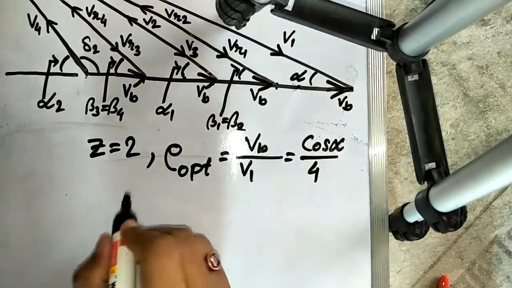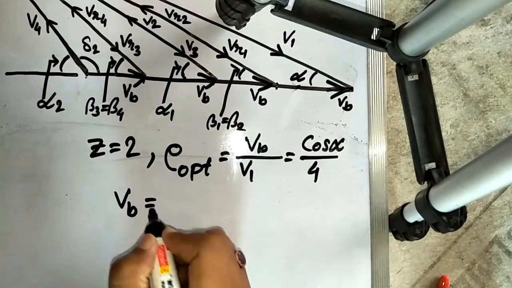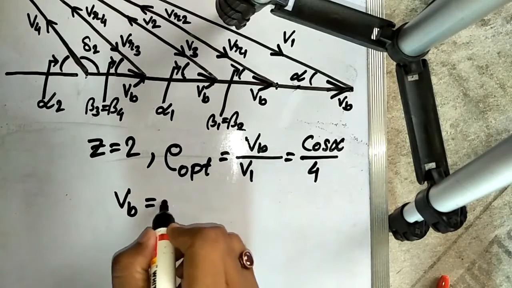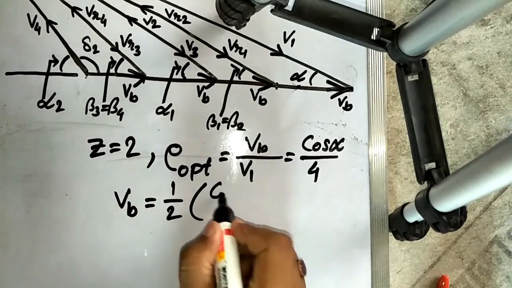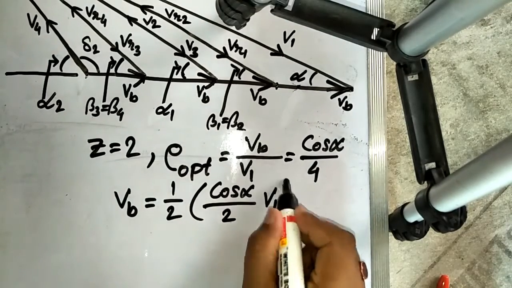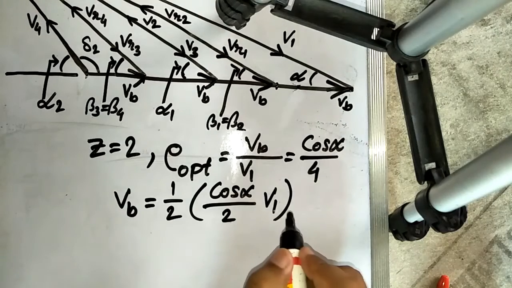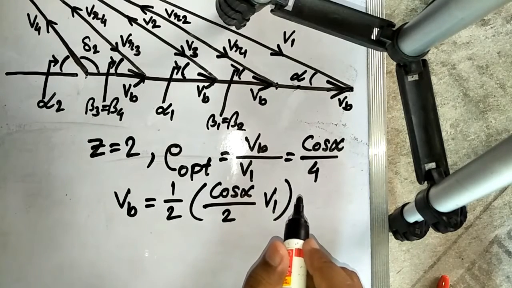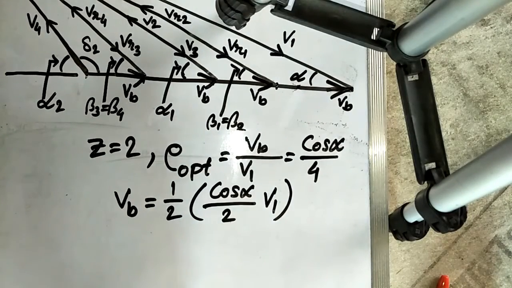So we can write Vb is equals to half of cos alpha by 2 into V1. Therefore in a 2 row Curtis stage, the blade velocity is half of the value for a single stage turbine. For a certain dm, the mean dia, and capital N, the rpm speed gets halved.